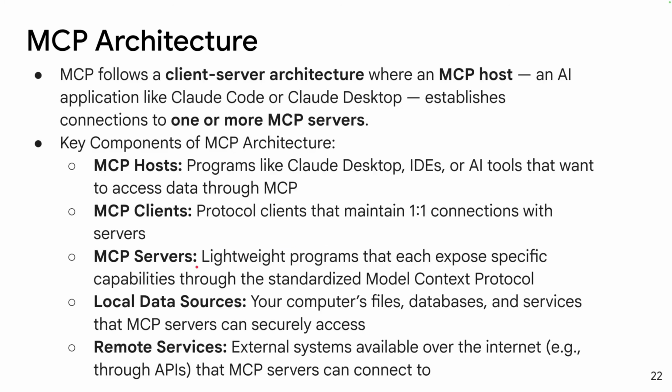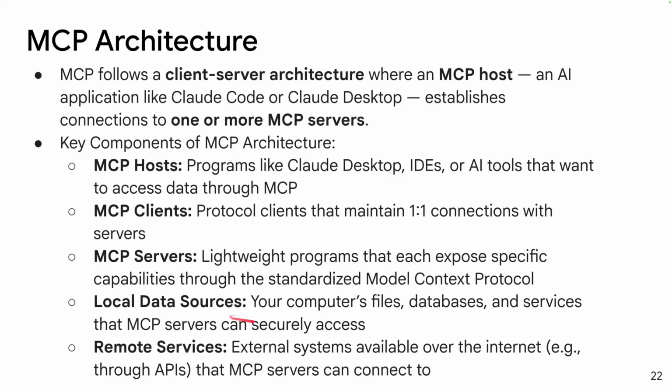This MCP server is basically a lightweight program that allows you to expose certain capabilities through the Model Context Protocol. That means the server allows the client to access certain capabilities. For example, it can access certain tools, certain resources, or certain prompts. These are the three features available inside the MCP server.